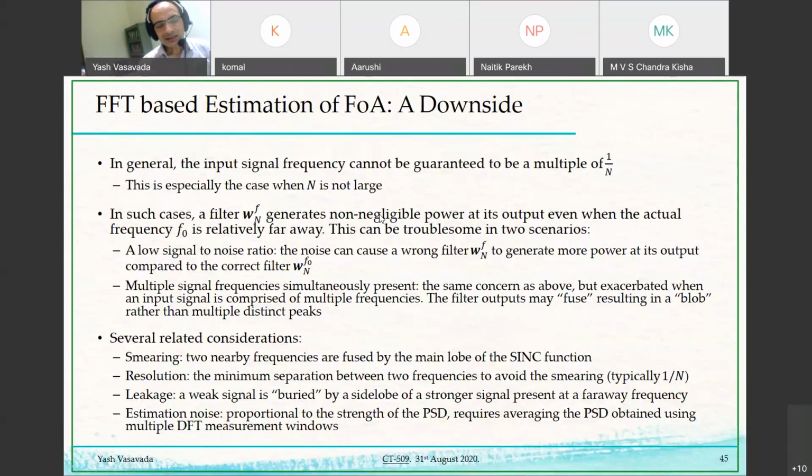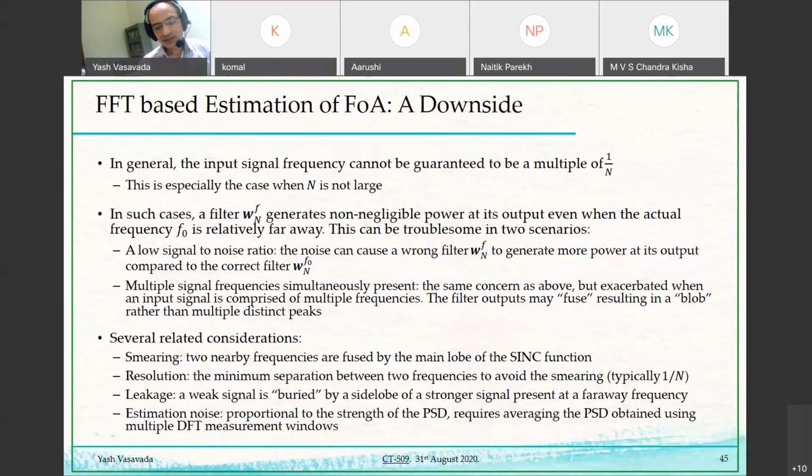In those scenarios, our filter will generate non-negligible power at its output, even when the actual frequency is not the frequency of the filter. And that is what we have seen by that sinc function.